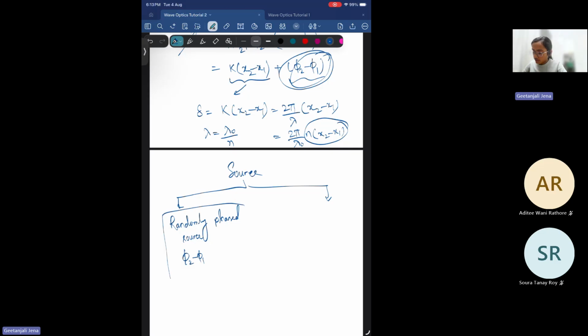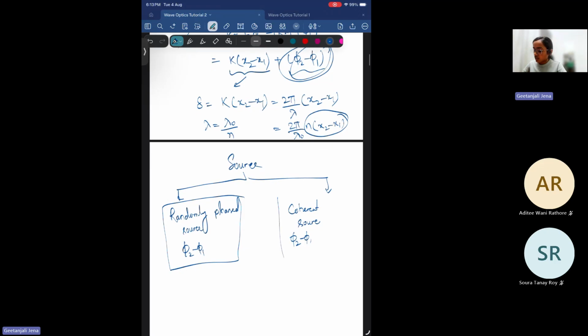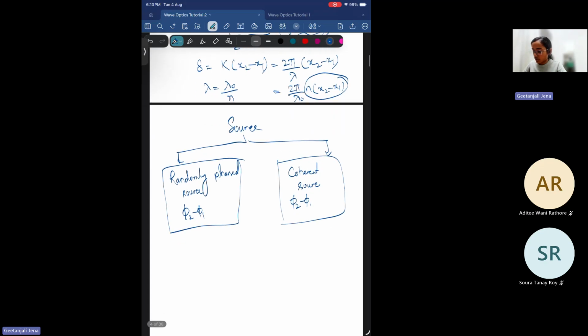The second one is the coherent source, where phi 2 minus phi 1 is in phase and does not change from time to time. There are different examples of coherent sources and randomly phased sources.